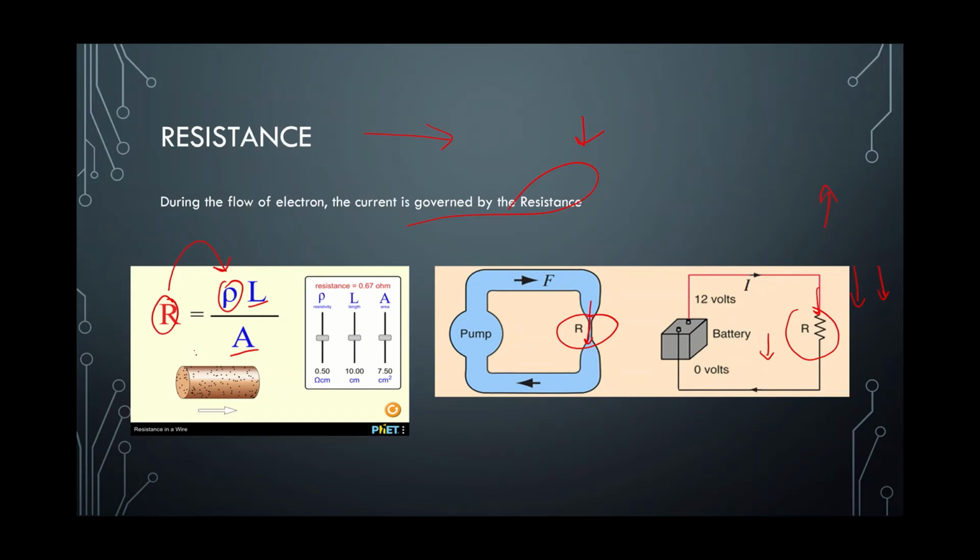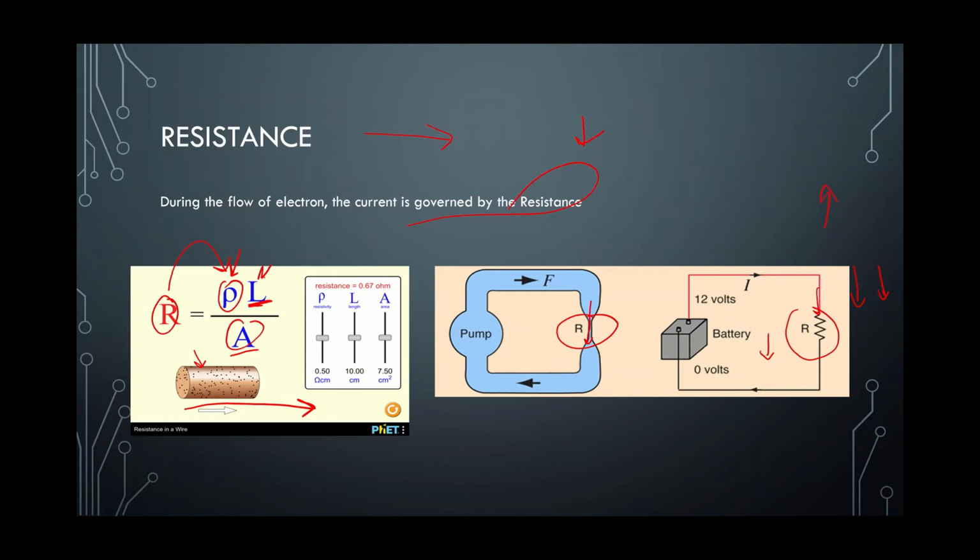So the material itself, if it is copper, aluminum, gold, whatever it is, has a resistivity, a fixed number. We can multiply this fixed number by the length of the material and divide it by the area.